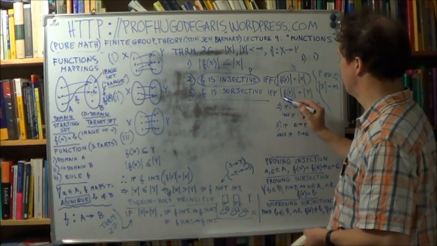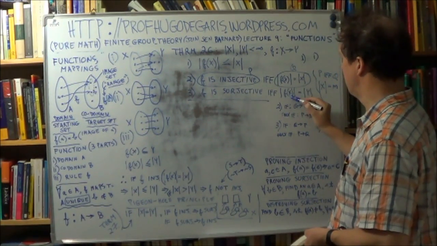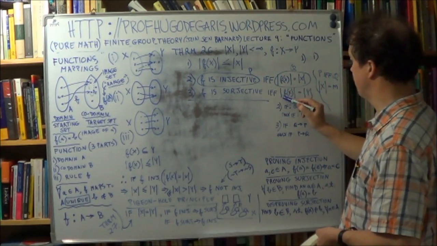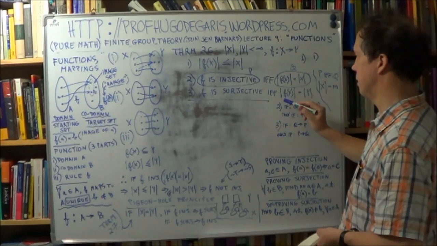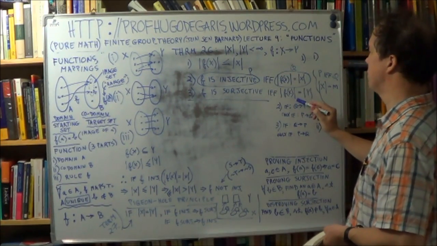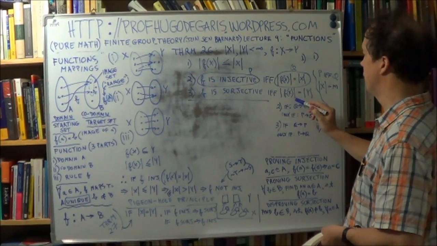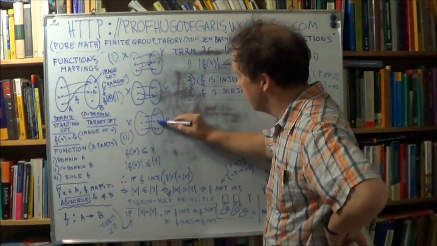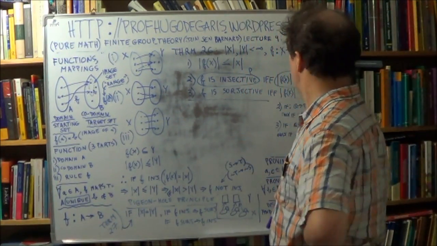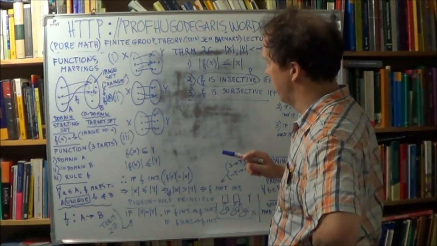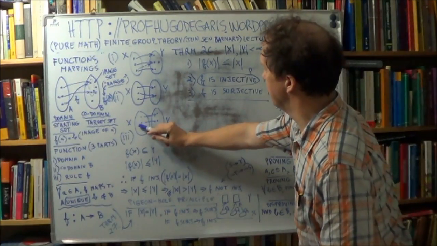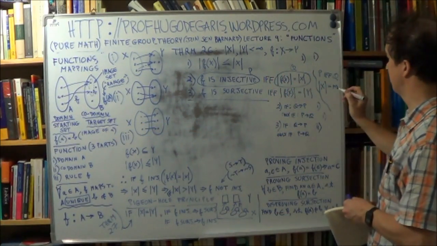So each element is mapped to. Each element is mapped to. Okay. And let's say the size of x is little m.